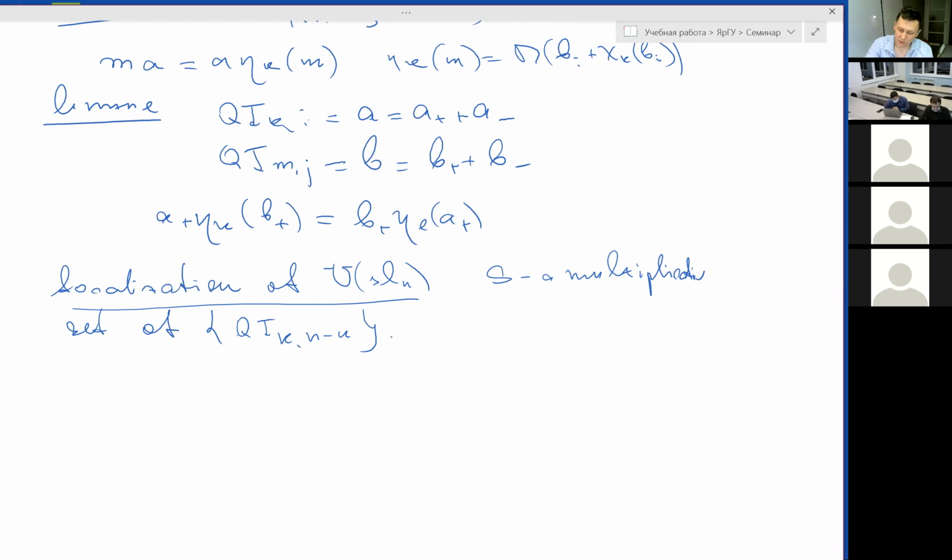So there is a statement that lemma: S is a right Ore set.